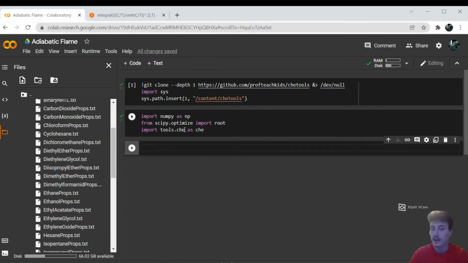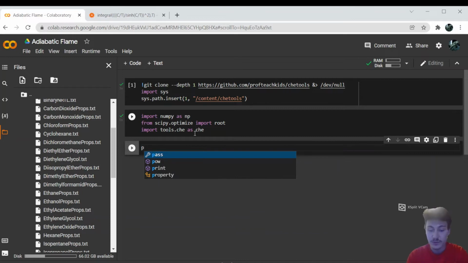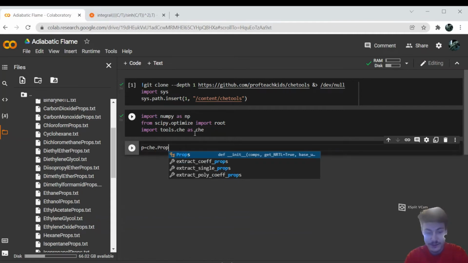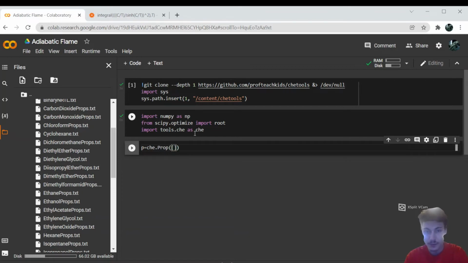And then again, we just have to import the right database within the CHE part. So we can go ahead and start off by importing all of that data from the CHE tools. We're going to do P equals CHE dot the properties, and then import each individual one.